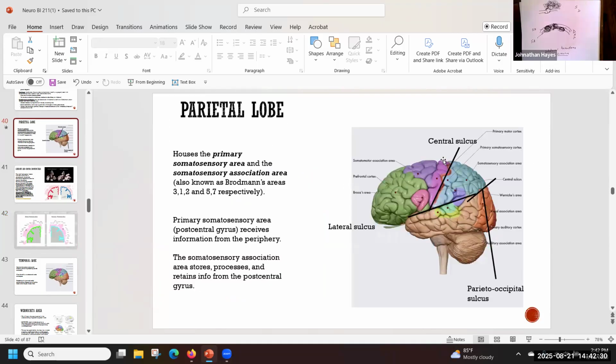Let's say we have a stroke that affects this entire portion of the brain right here, then I'm probably going to end up losing the ability to control muscles on the complete opposite side of the body. Right. So maybe not necessarily in the face, but anything below that, I would lose contralaterally. So if the area gets affected by a stroke or brain damage, I might have what's called hemiparesis. I lose the ability to control half of my body.